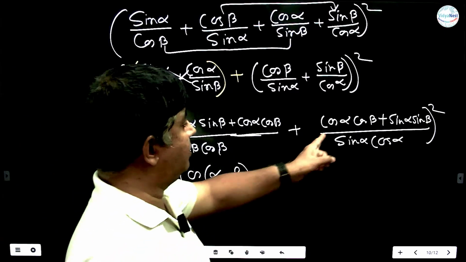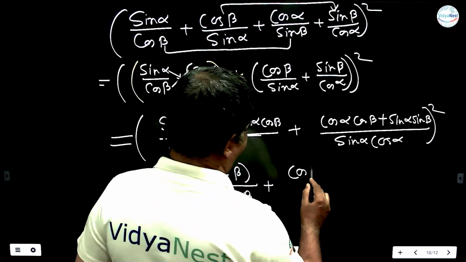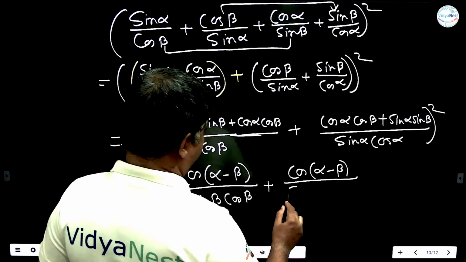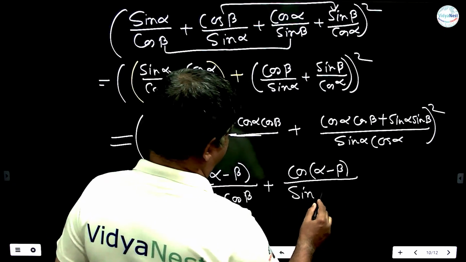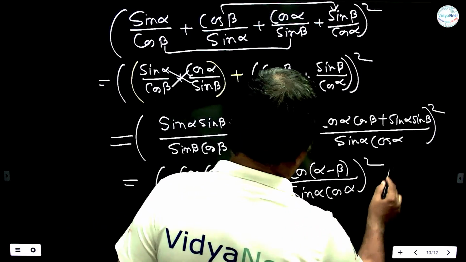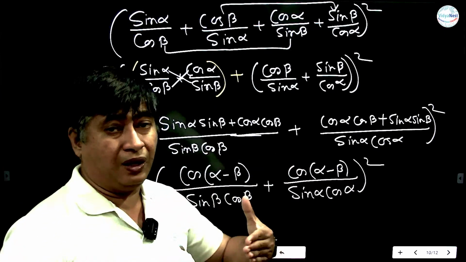And here also the same thing, cos A cos B plus sin A sin B. So in the numerator, what seems common to us?